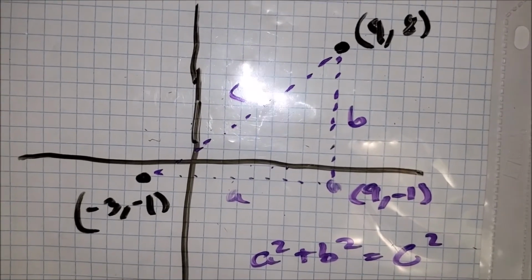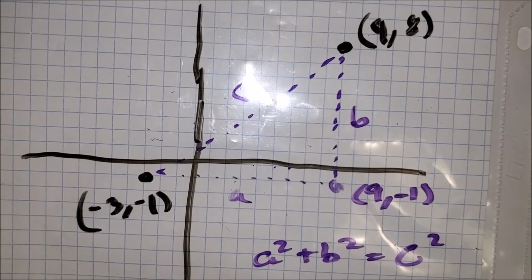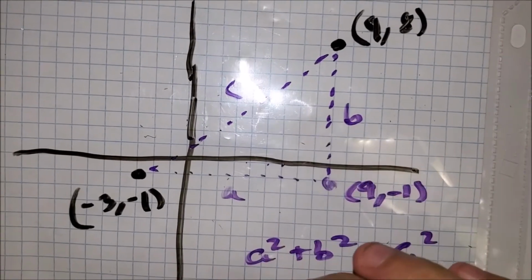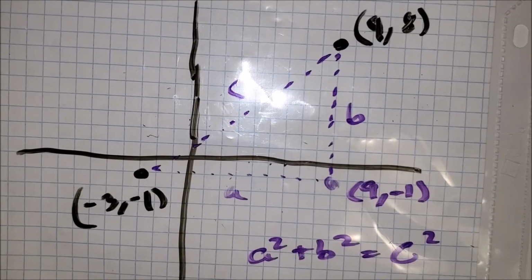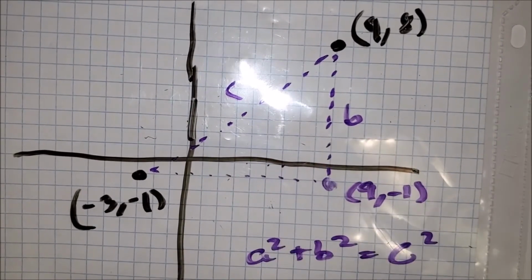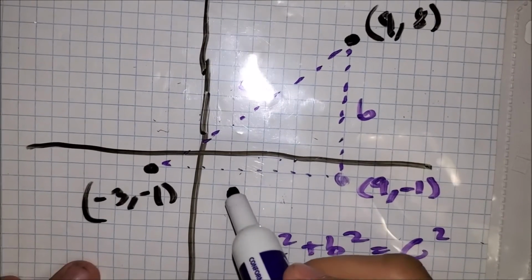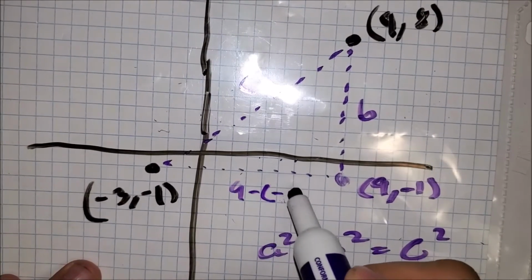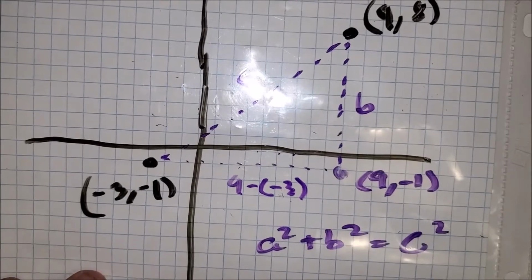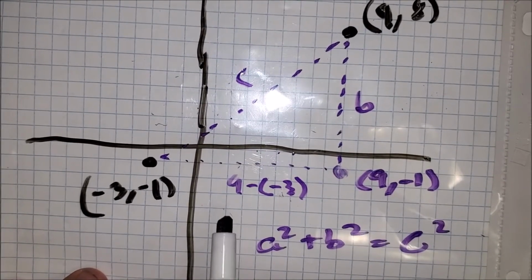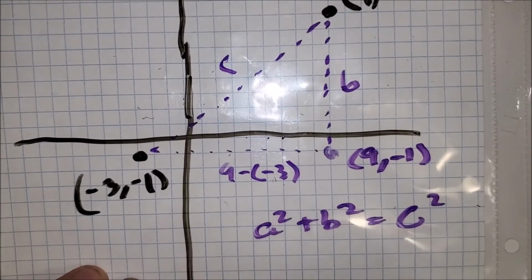Let's calculate our a and b so we can find c. If we start here, we'll go across this way. This has a distance of 9 minus negative 3, which is 9 plus 3, which equals 12.